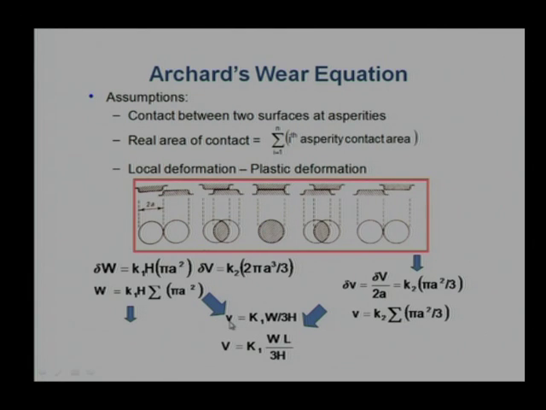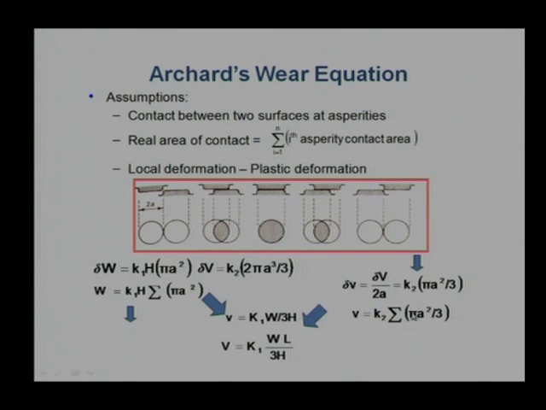In this case, the small v is a volume per unit length, and we are assuming the unit length of contact is 2 a. Maximum which is coming into contact area is a 2 a. So, that is accounted here, wear per unit length. When we substitute pi a square in this equation, V is the volume per unit length, that means mm square, constant k 2 pi a square divided by 3.